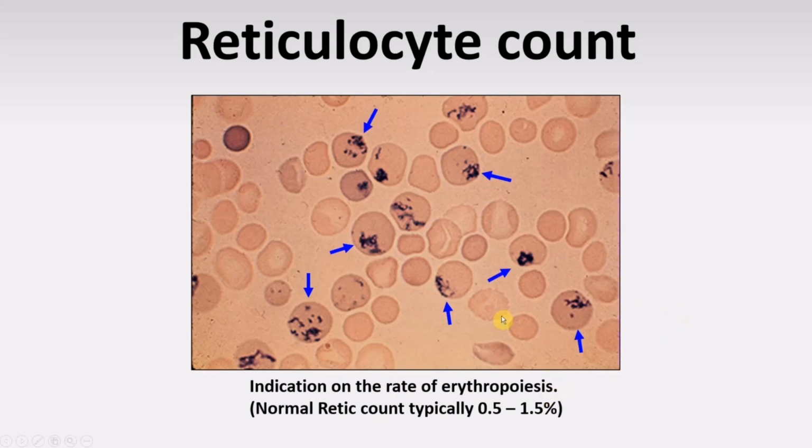If somebody has a reticulocyte count that is lower than the expected range, we know that something is hampering the process of erythropoiesis, and we've got to find out why. On the contrary, if erythropoiesis is happening at a very high rate, you'll see the retic count being higher than the expected range, and that is something that we have to figure out why as well.